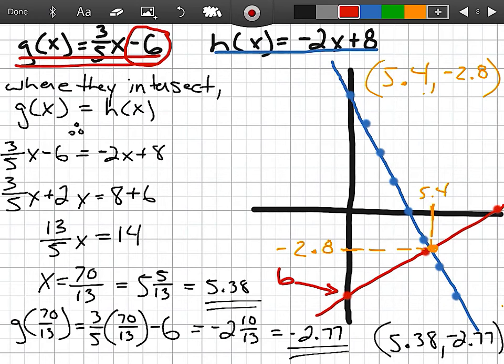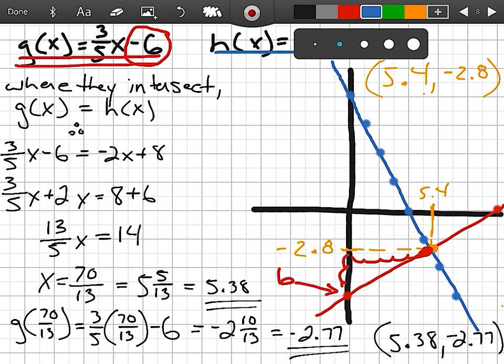And then I rise 3 and run 5. So I'm going to go up 1, 2, 3 and go over 1, 2, 3, 4, 5. So that's how I got my second point. And then I drew my line.